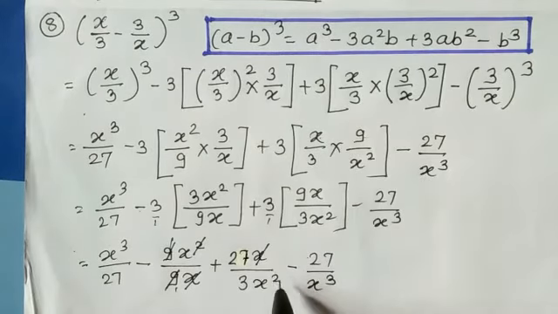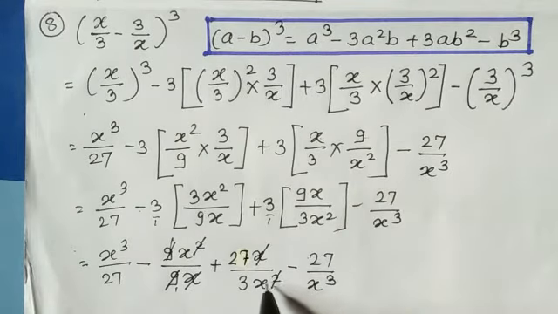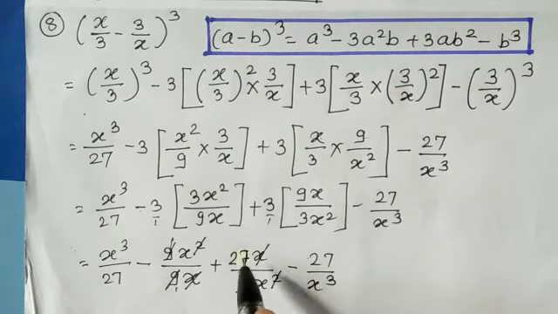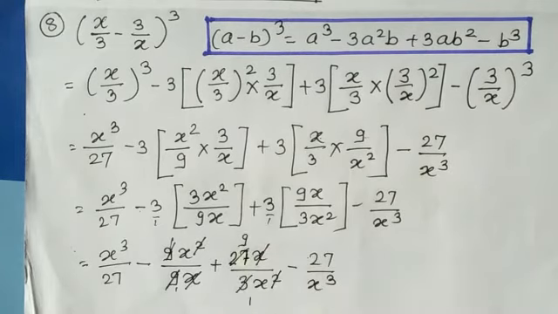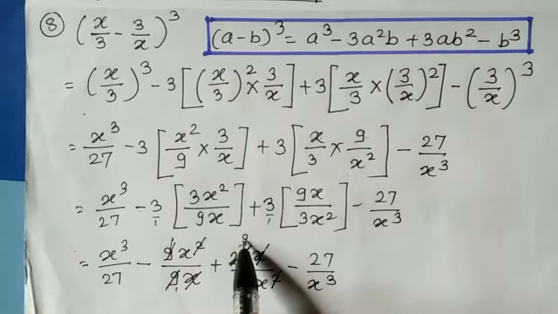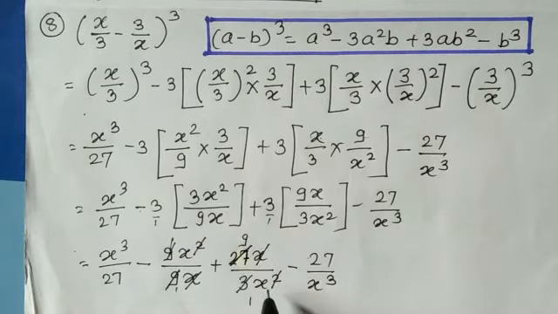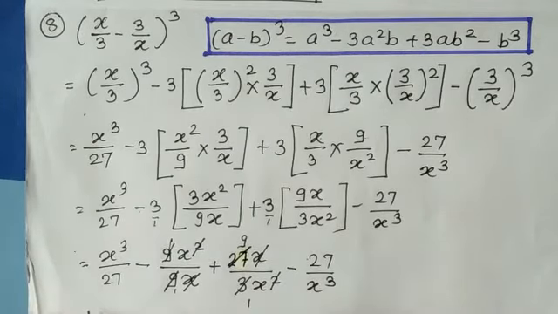From this 1x, among these 2x, 1 is cancelled. 1x remains here. 3 ones are 3, 3 9s are 27. Got it, students? 3 ones are 3, 3 9s are 27. So from here what remains? 9 is at the denominator place and x is at the denominator place. So what is remaining?